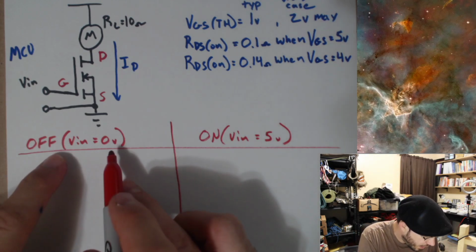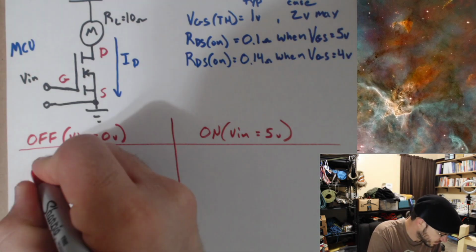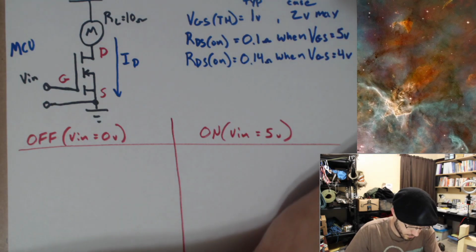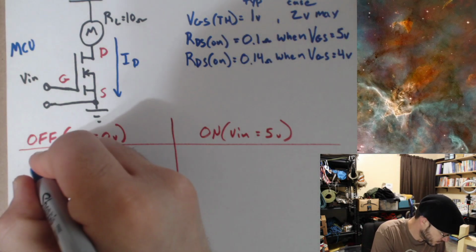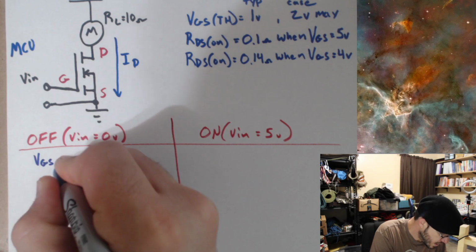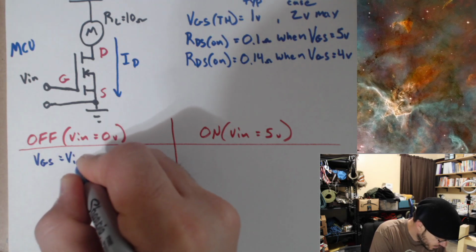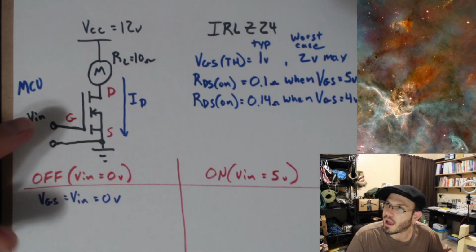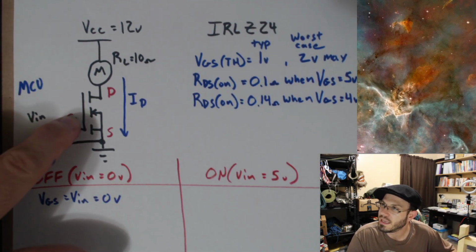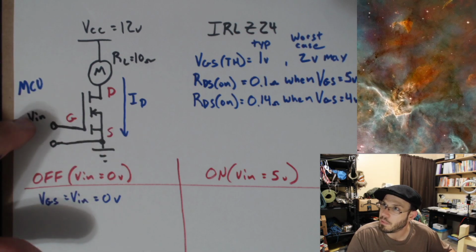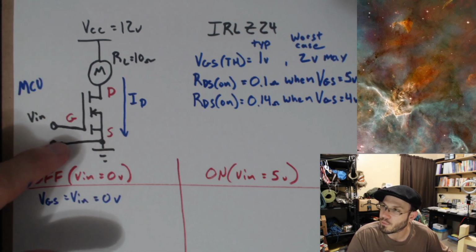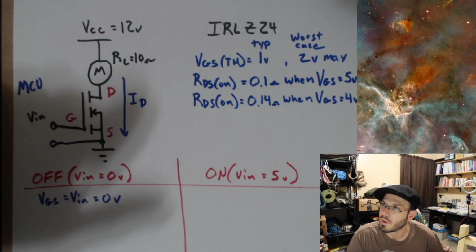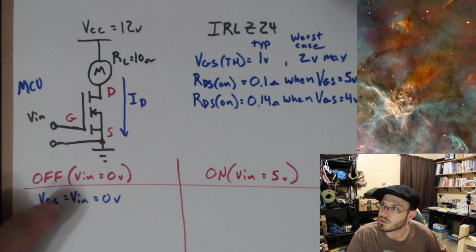So let's look at the off case. VGS equals Vin, which equals 0 volts. Hopefully we all agree on that, right? The voltage between the gate and the source, given that Vin is applied to the gate with reference to the source, if this is 0 volts, we have 0 volts applied to the gate source.